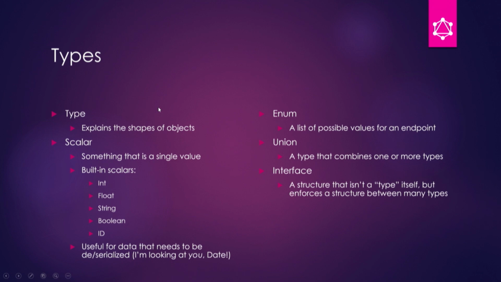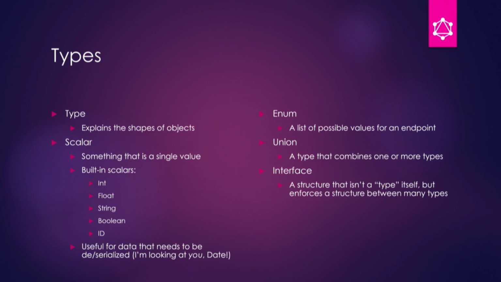Types. These are different types that you can specify in your schema. First of all is just a generic type. It explains the shape of an object you will be receiving or sending back from the database. Scalar is a different thing. It's a single value that sometimes will have to be handled a little bit differently.